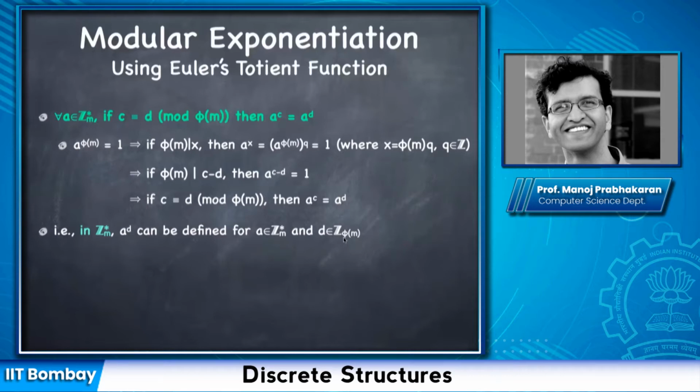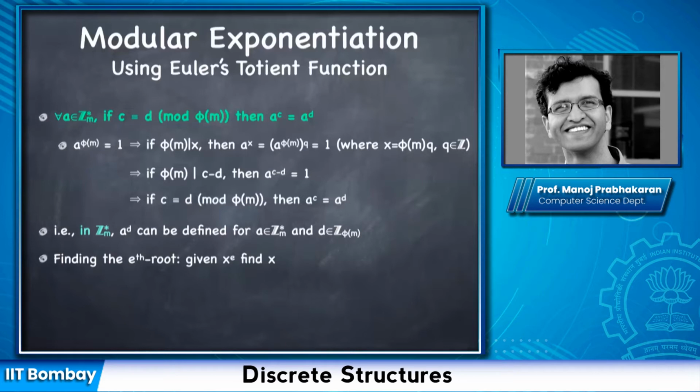All of those d's which are congruent to each other modulo phi m give you the same value of a to the d. So often we will go back and forth between the exponent being an integer or an element in Z phi m, provided the base is an element in Zm star. Not just Zm, but Zm star.